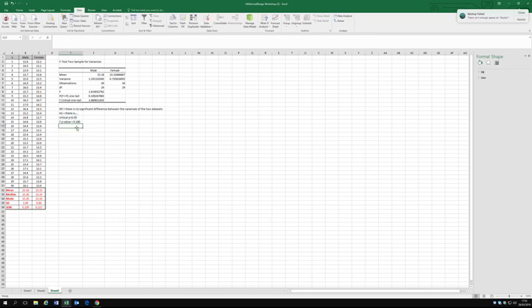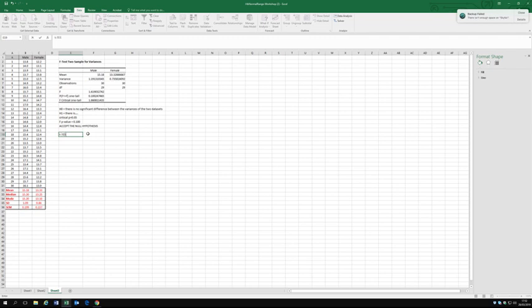So therefore, we have to accept the null hypothesis, which basically states then that there is no significant difference between the variances of the two data sets. So that then allows us to make an informed decision about what is the appropriate t-test to use.